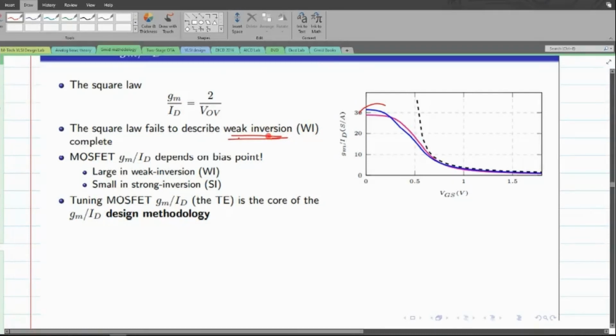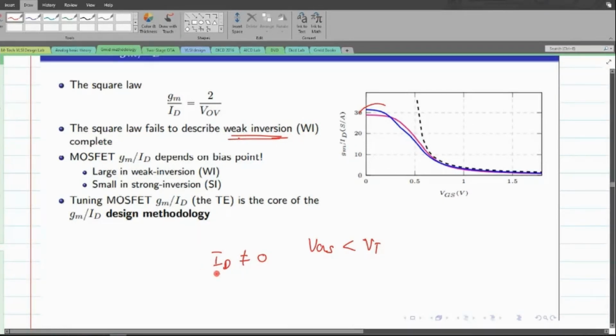I hope that you are clear. I have a non-zero current component for the value of VGS that is less than VT, and that is some sort of inversion region. And we call that inversion region a weak inversion region along the channel.